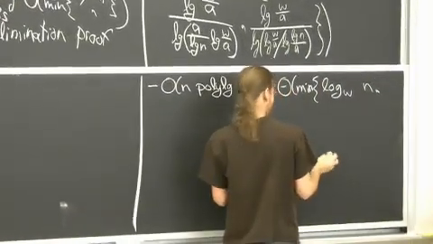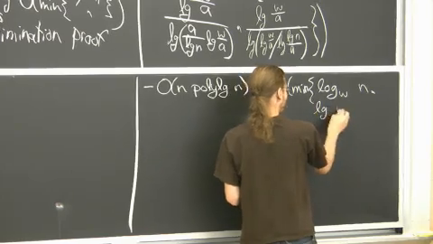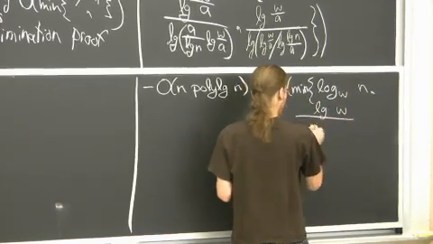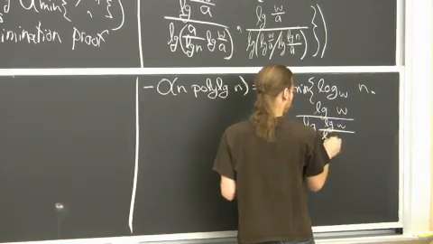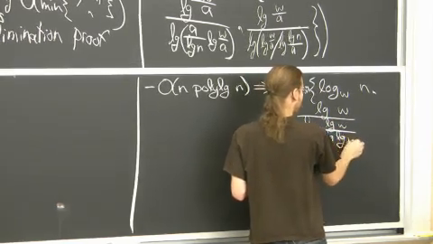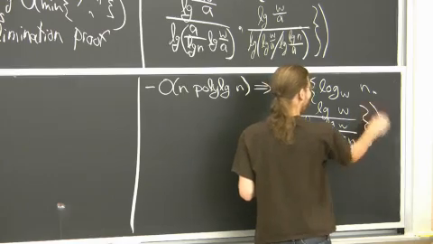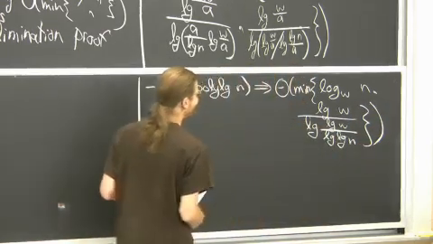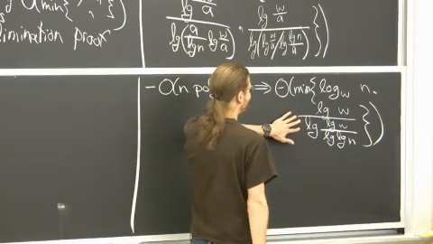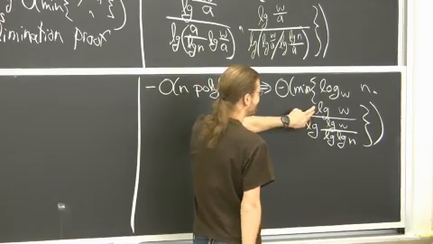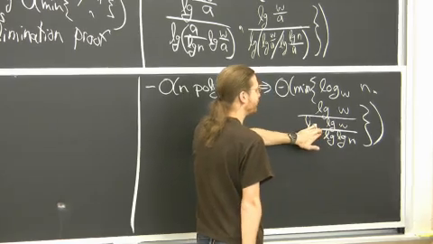And I'd like to say log w, but you can actually do slightly better. I think I stated this 2 lectures ago. So log w is what we know how to do. This is a very small improvement.